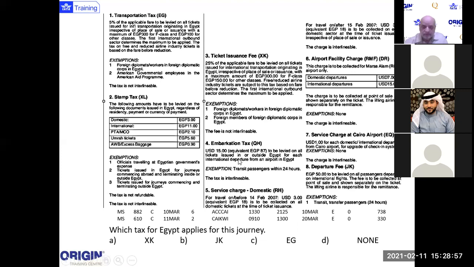Okay. No. Where is it issued, inside Egypt or outside Egypt? This ticket was issued outside Egypt, wasn't it? Yes. Right. And is it an international departure, Cairo to Kuwait? Is that international? Yes. Right. We have to pay this tax. So I've got one tax to pay.